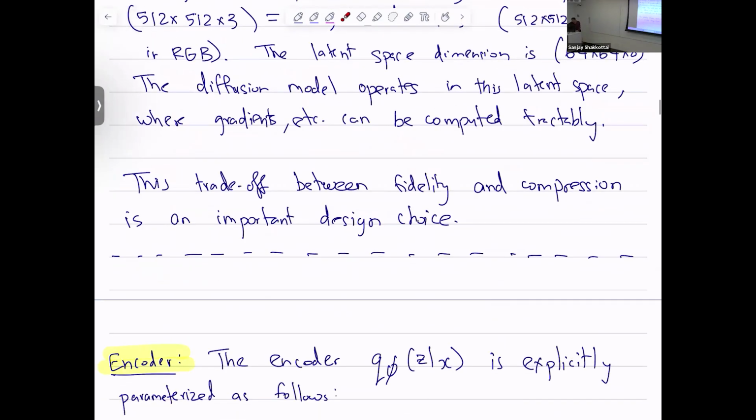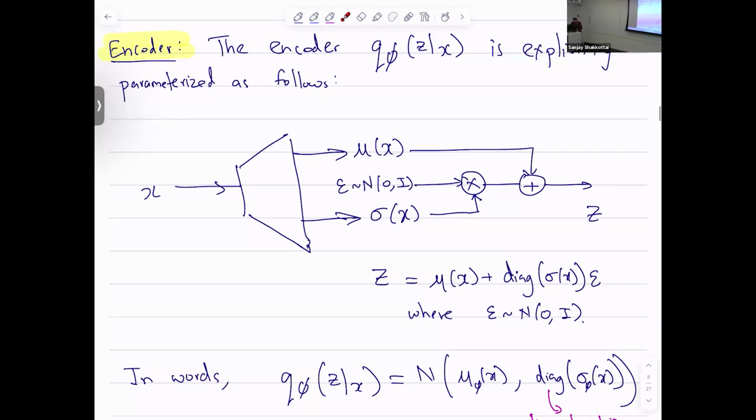Okay, so let's get to the encoder. This is a popular explicit parameterization of the encoder. You take any X, and the encoder generates Z by first generating a mu of X and sigma of X. These have trainable parameters, so the encoder is spitting out a pair of things.